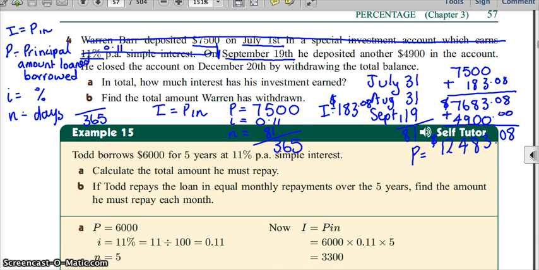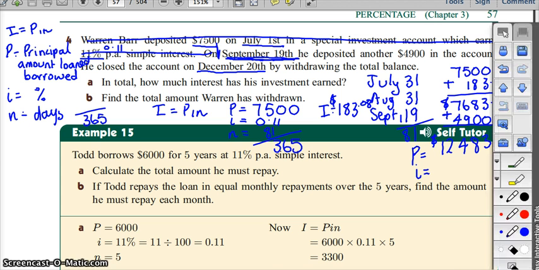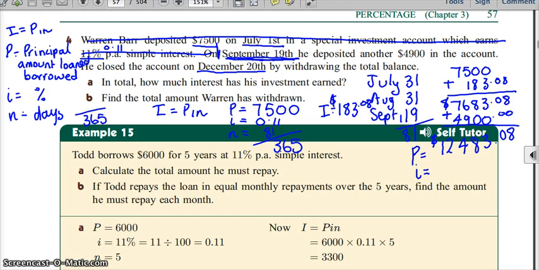That's your new principal because you're now working it from September 19 until when? December 20. What's the R? Read the question. Does it talk about any rate from now on?